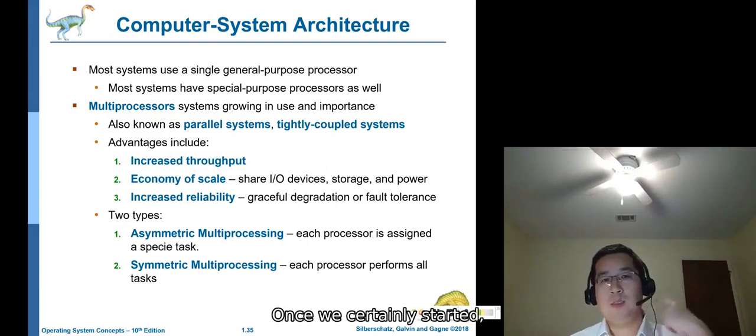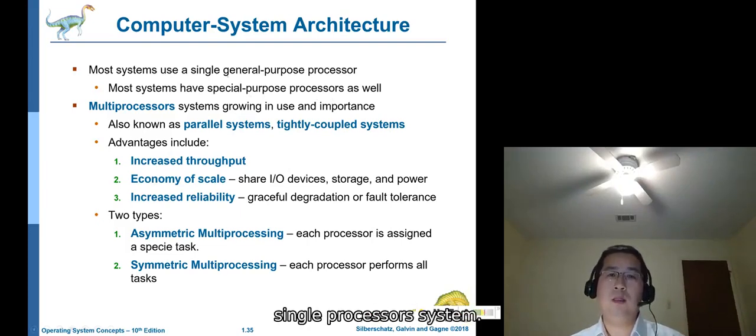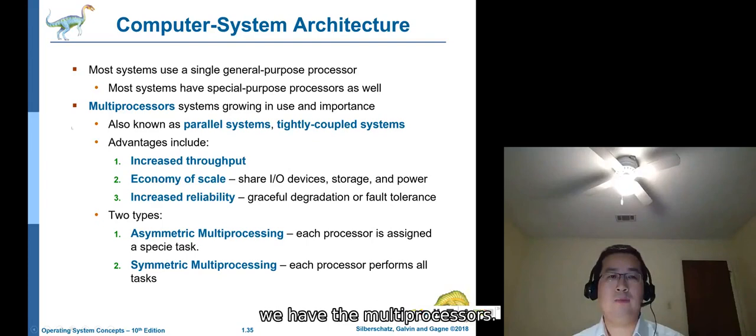Like these ones, we say this is a special purpose processor. Okay, single processor system.